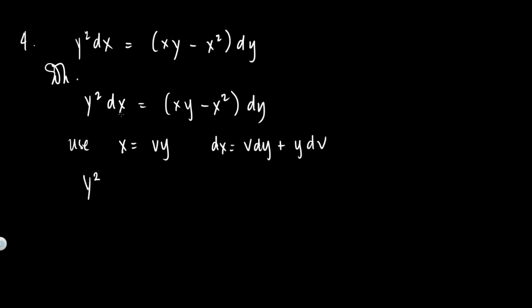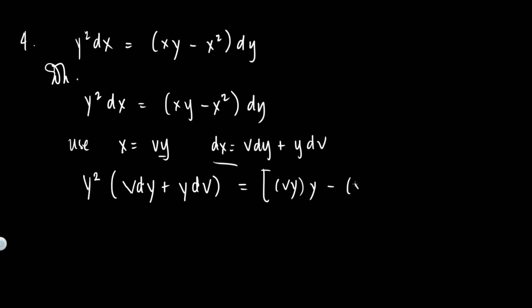So, we have y squared dx is this. So, we have x or v dy, no? v dy plus y dv equals x is vy. So, vy times y minus vy squared dy. Okay?